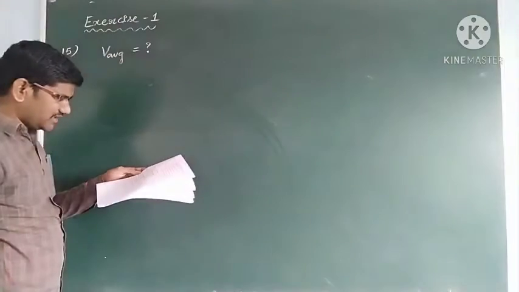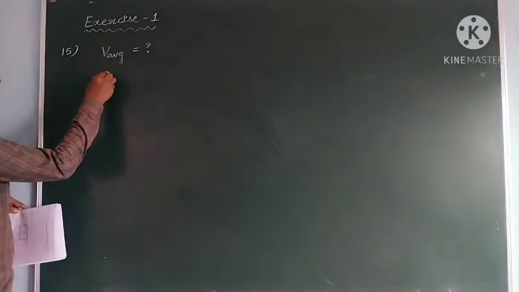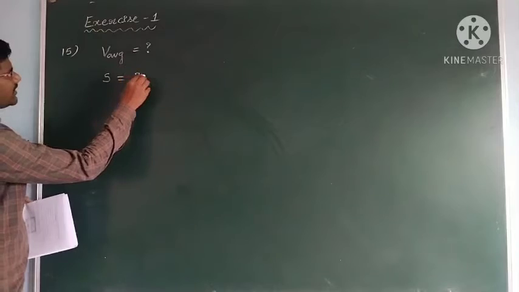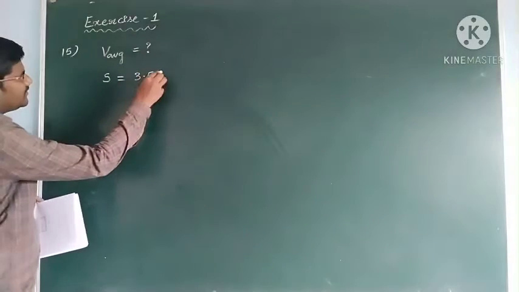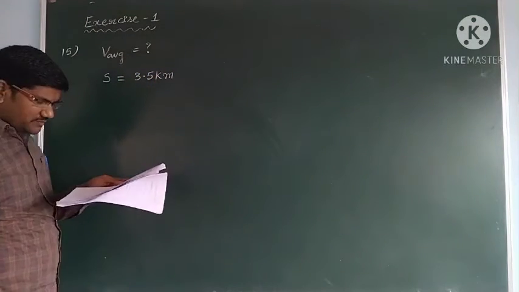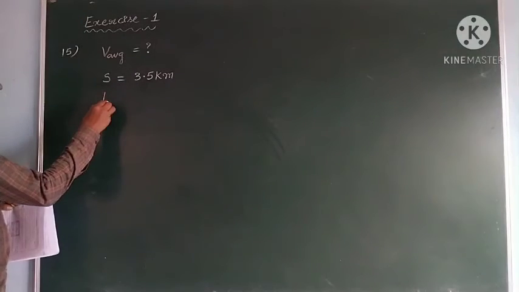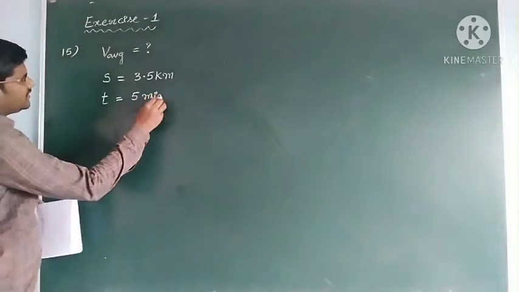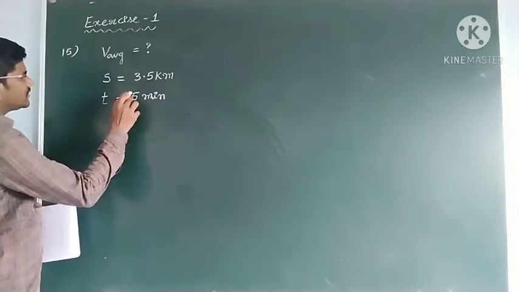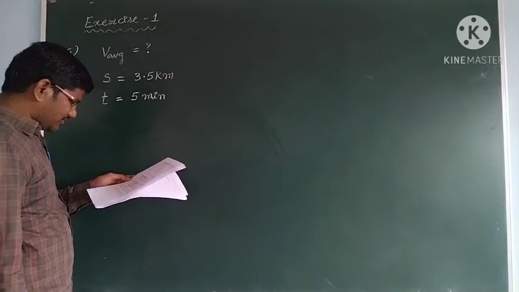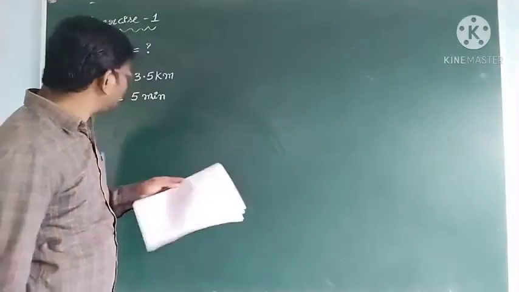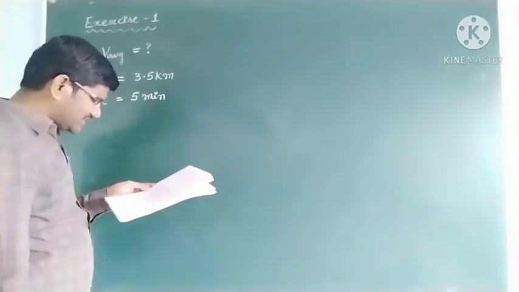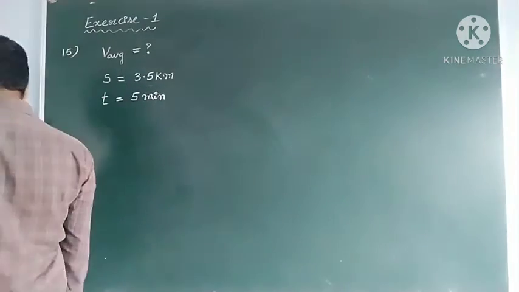Find the average speed of the bus if it travels a distance of 3.5 kilometers in the time of 5 minutes. This is the question mark.